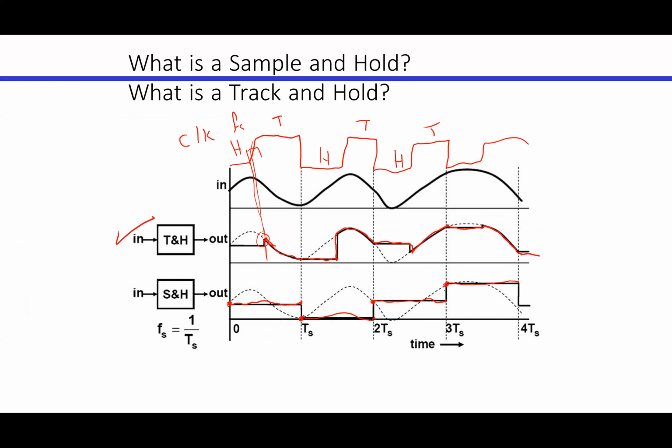So at every edge here, it seems to be working on the falling edge if we are assuming this clock. So you see what is the value of the input at that particular time, and then you hold it to the next cycle. Look at the input, what it is at that time, and hold it for the next falling edge of the clock.